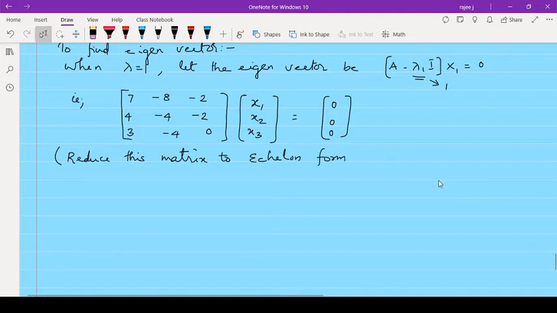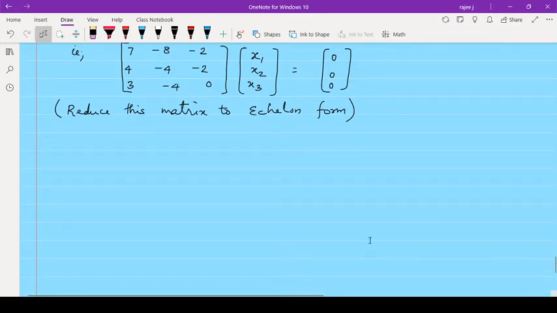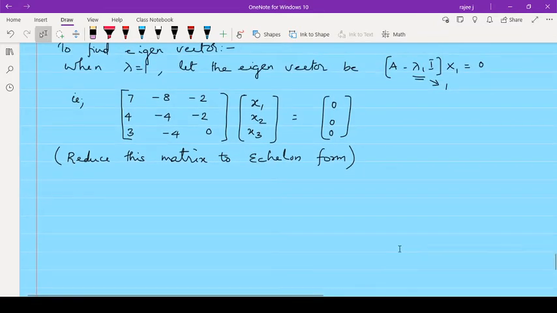Echelon form means you will reduce the last row to 0, then the second row, bringing the maximum possible zeros at the last row. Now, why are we doing this? After finding the echelon form, you will get the rank of this matrix. Then, from the rank, you can say how many independent vectors will be there. So, first of all, you will reduce this to echelon form.